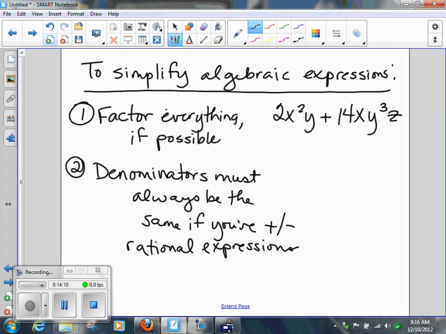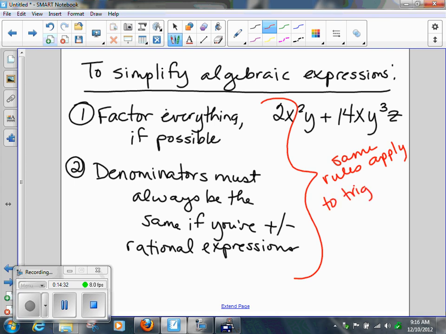And that would go back all the way to the first part of the Algebra 2 review that we did, the very first part of the semester. Now, how does this apply? We're going to do the very same thing here, folks. Same rules apply to trig expressions. Everybody got that?